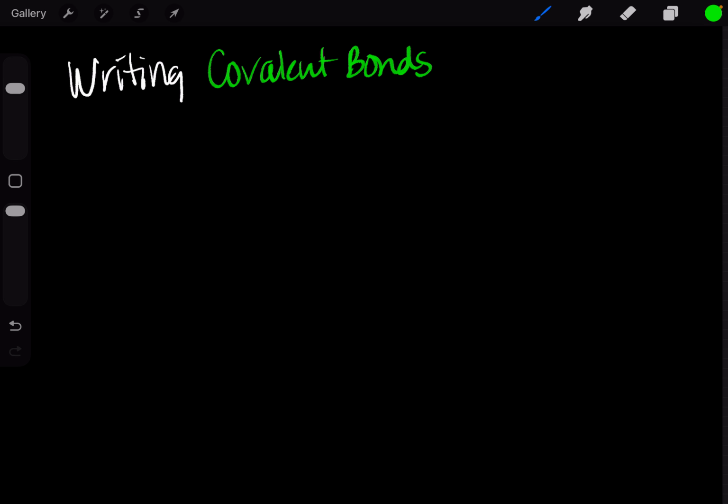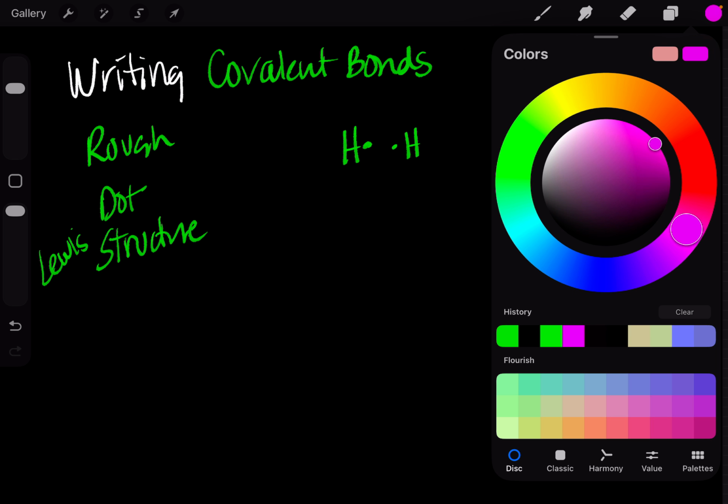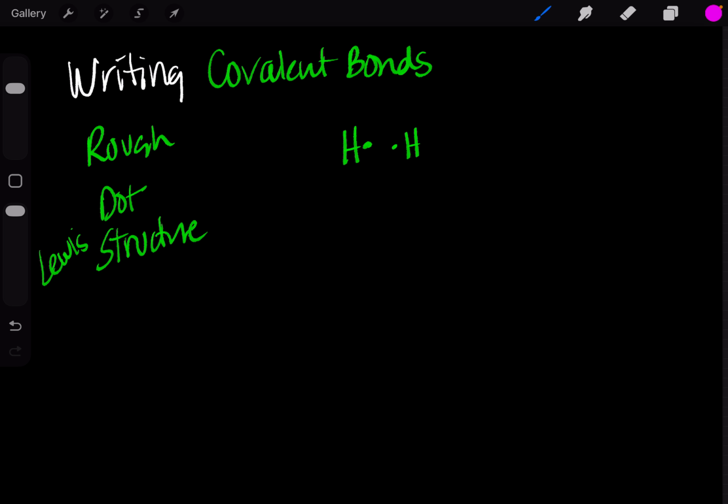Okay, so we're going to do kind of like a rough sketch. Then we'll show the dot, and then you would show the Lewis structure. If I'm drawing hydrogen gas, hydrogen has one valence electron. I would draw my dot diagram like this, and I'm going to circle in this rough sketch what is shared.